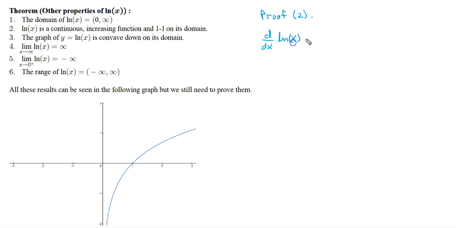of the ln, you notice that that's equal to 1 over x, and this does exist for x between 0 and infinity. So this exists. And so therefore the ln x must be continuous because this derivative exists.